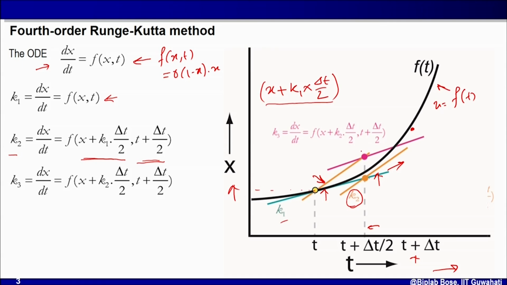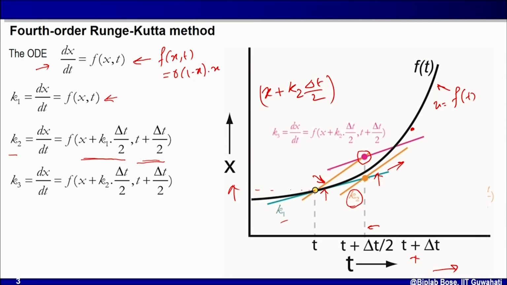So I get a pink dot here. This is the point of intersection. What will be the value of x there? The value of x at that pink point will be x plus k2 into delta t by 2. That will be the value of x.